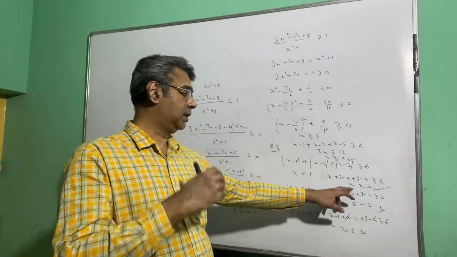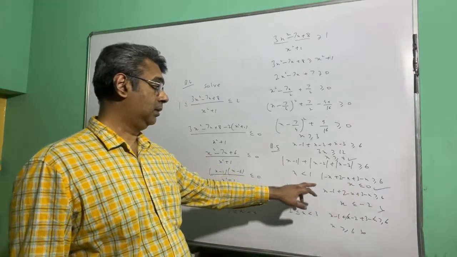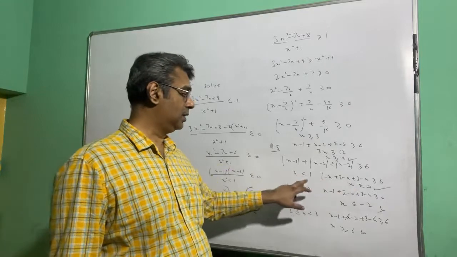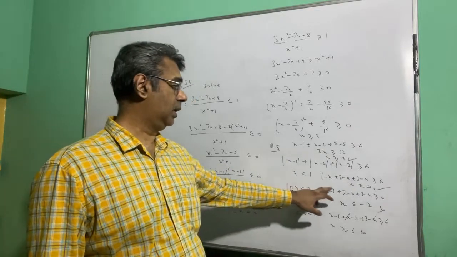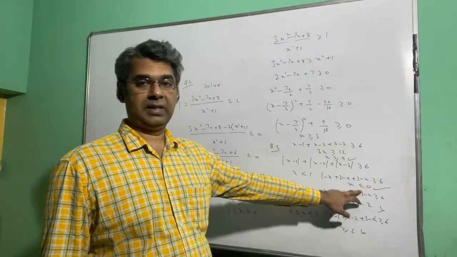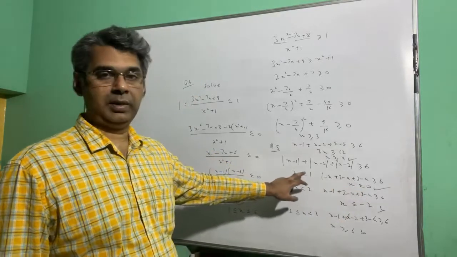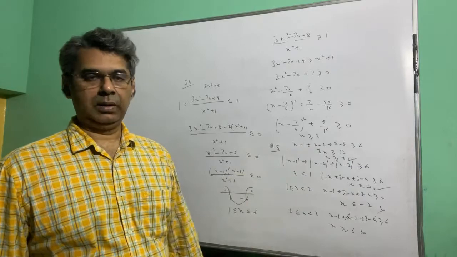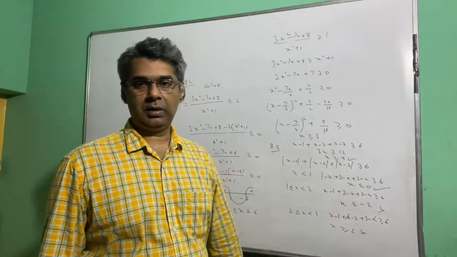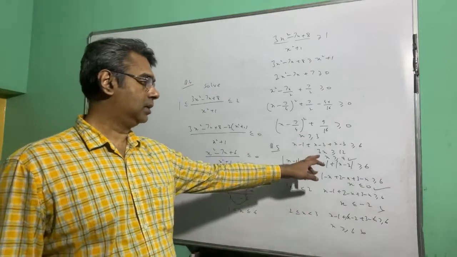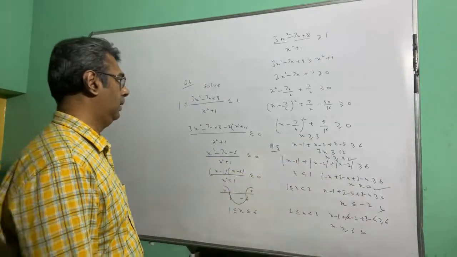After you get the inequality answer, you have to check whether that interval lies in the original interval which has been assumed, like x less than 1 and x less than or equal to 0. So this is acceptable because x less than or equal to 0 will automatically be a part of x less than 1. So like that you tick whatever is there and cross whatever is not applicable, and the answer is x greater than or equal to 4 or x less than or equal to 0.